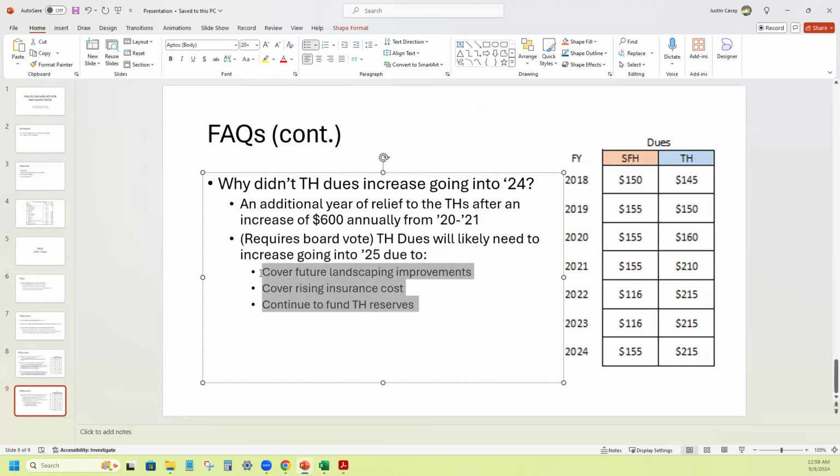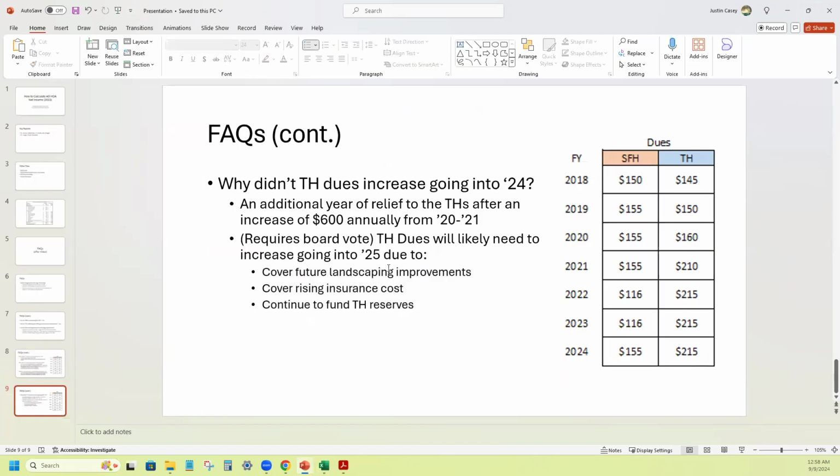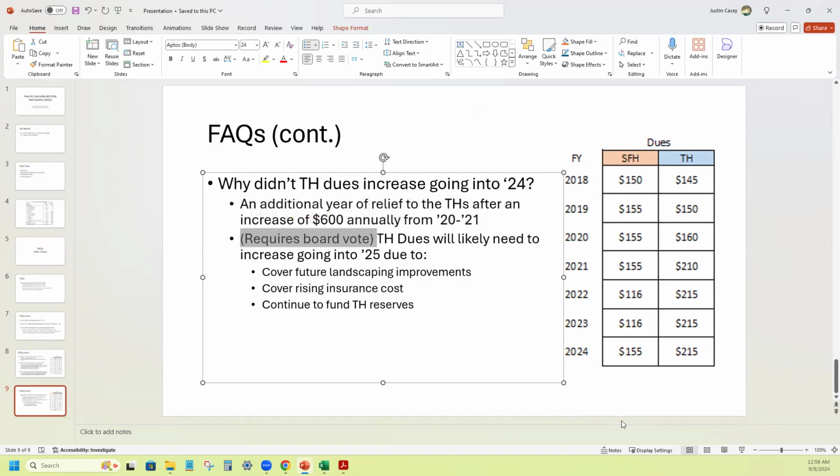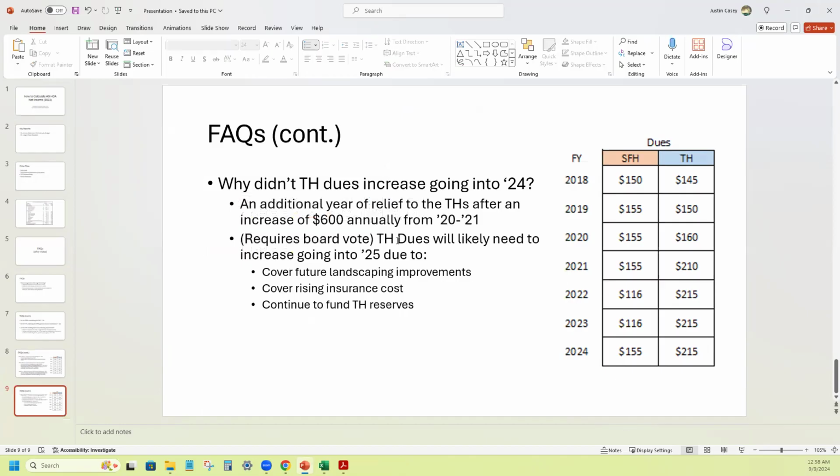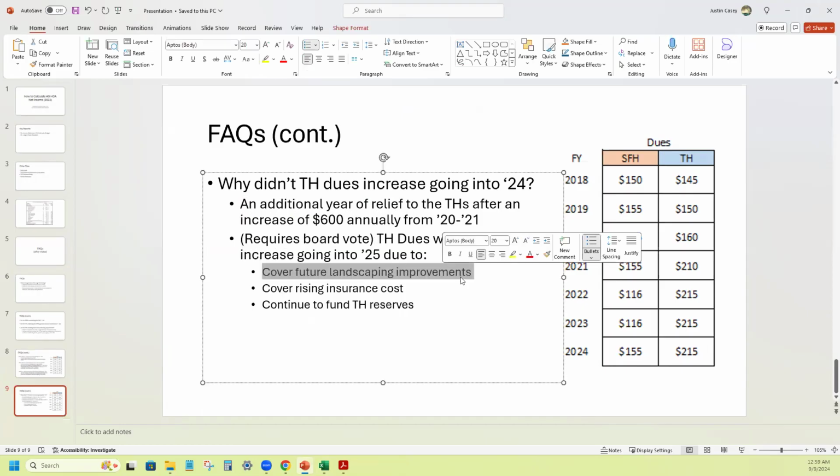But townhome dues will likely need to increase going into 2025, and this is not something I can say unilaterally. It would require a board vote, but as a voting member of the board, just one vote, I would recommend that the townhome dues likely need to increase to cover future landscaping improvements. We wouldn't like those to stop.